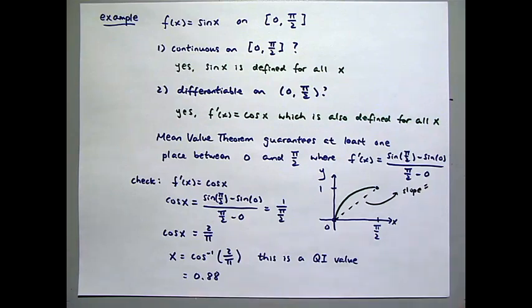Any questions on this? Okay, I know this is not terribly exciting, but this is the beginning of the part where we investigate the shapes of functions. Let's do one more example and then we'll end it there.